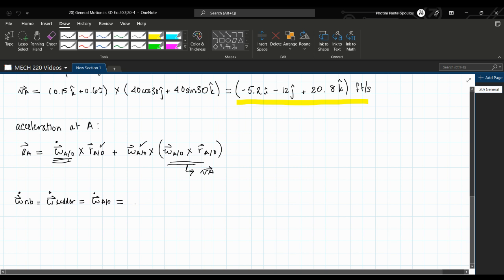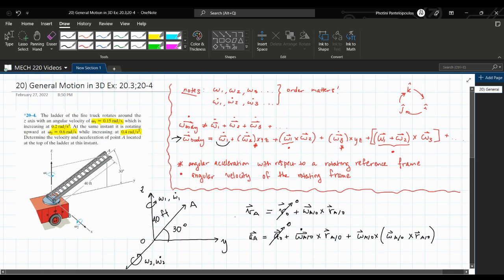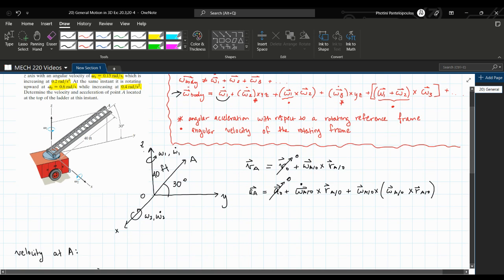So we have omega 1 dot, which we know, omega 2 dot, which we also know, plus omega 1 cross omega 2. And when I said that we knew omega 2 dot, it's because in this case, our rotating reference frame and our fixed reference frame are all the same.